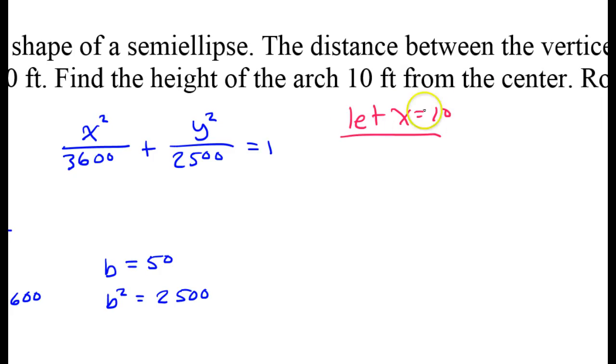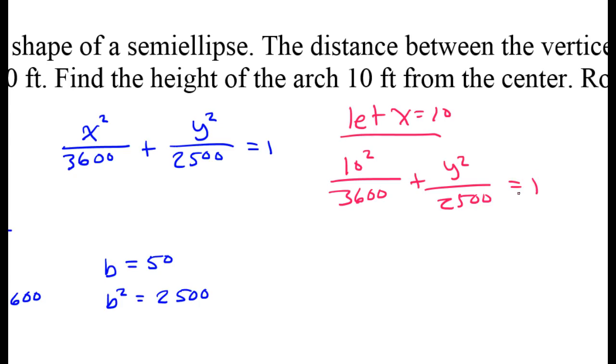Okay, so 10 feet from the center, x is equal to 10. I'm going to plug that in and get the height y. So that's going to be 10 squared over 3,600 plus y squared over 2,500 is equal to 1. So this is 100 over 3,600 plus y squared over 2,500 is equal to 1.